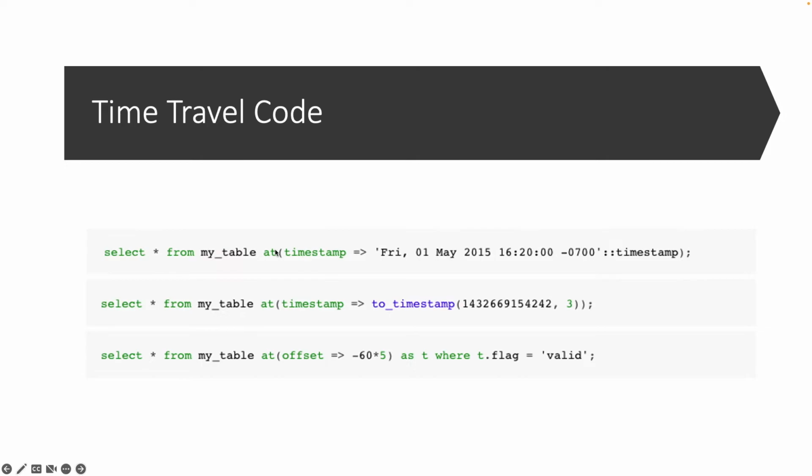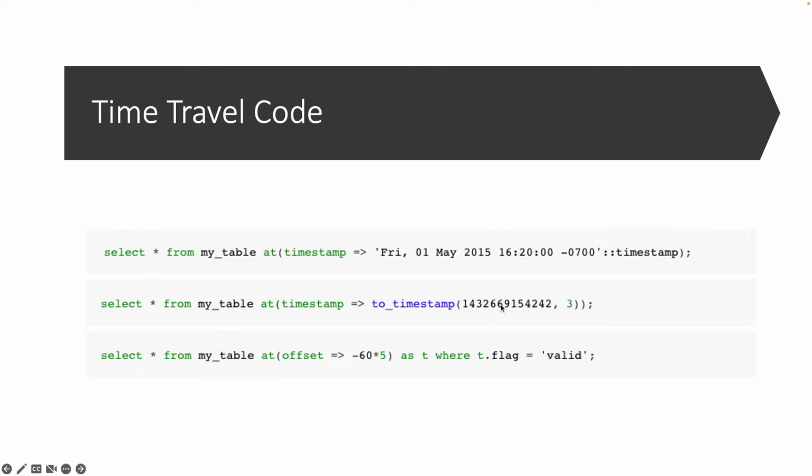Here's where our time travel comes into play. We're saying at. So now, rather than a normal select statement with any other RDBMS system, Snowflake allows us to specify the exact instance, the exact time we're going to be selecting from that table. So when we pass in a date from 2015, in this example, we're selecting the data on Friday, May 1st, 2015, rather than now.